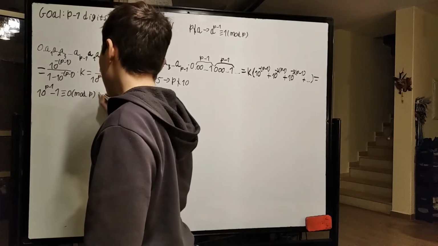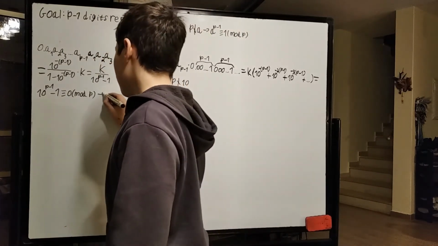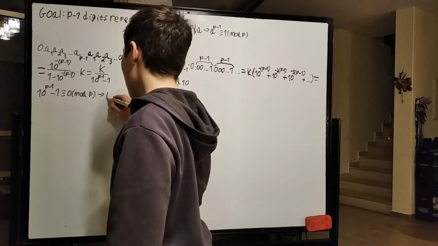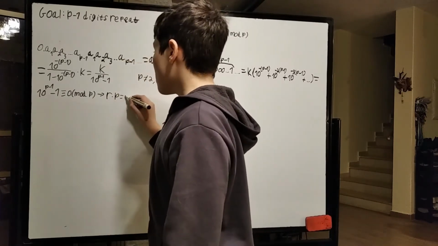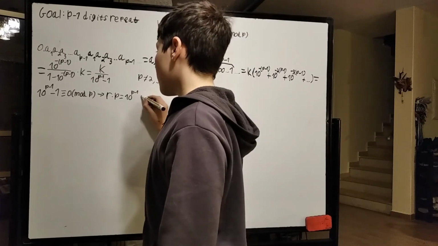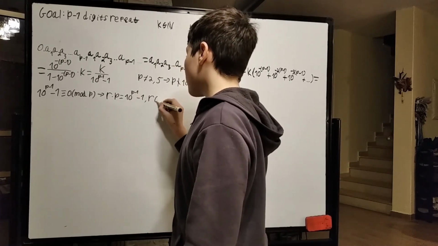Meaning that there is, let's say, a natural number r such that when you multiply by p, you get 10 to the p minus 1 minus 1, when r is a natural number.